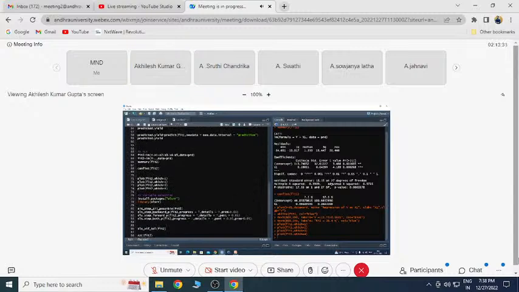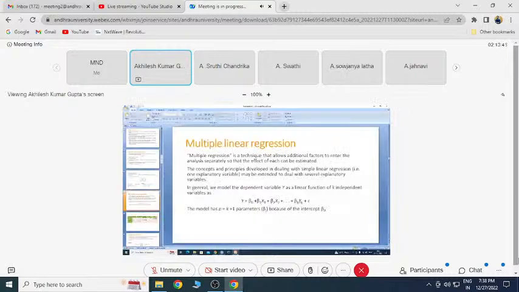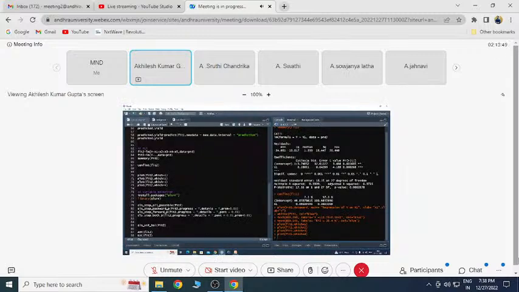So let's move to multiple linear regression. In multiple linear regression, we have more than two independent variables. Here we write y equal to beta naught plus beta 1 x1 plus beta 2 x2, like this. We write y followed by x1, x2, x3, x4, x5, and give the data.